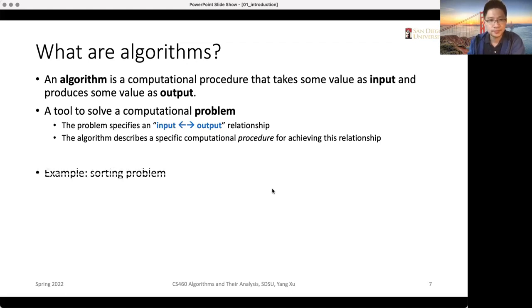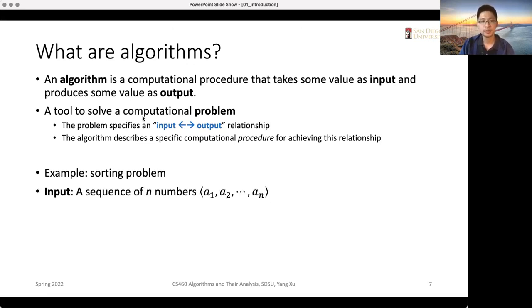If we take the sorting problem as an example, it's a very typical, very common problem. Given a sequence of n numbers, A1 to AN, we don't know their relative magnitudes.